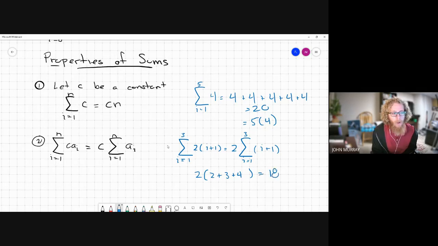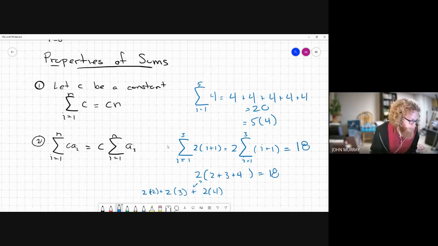All right, if I did it the long way, I have 2 times 3 plus 2 times 4. I'm sorry, I forgot the 2 times 2. So essentially what we're doing is factoring out that 2 from all of our terms. Okay, so we can pull out that 2, we can deal with the sum, and then we multiply by 2 at the end.